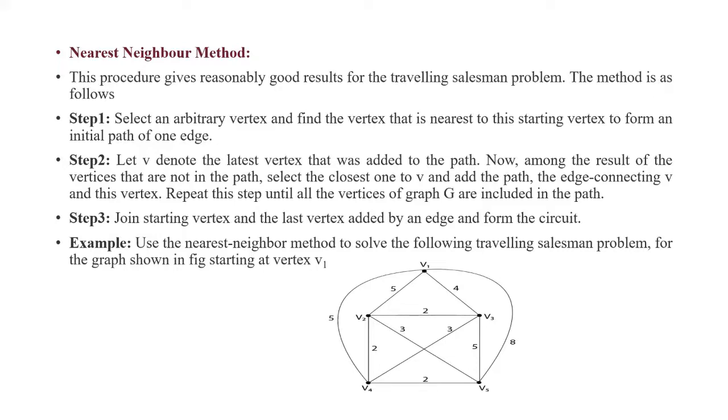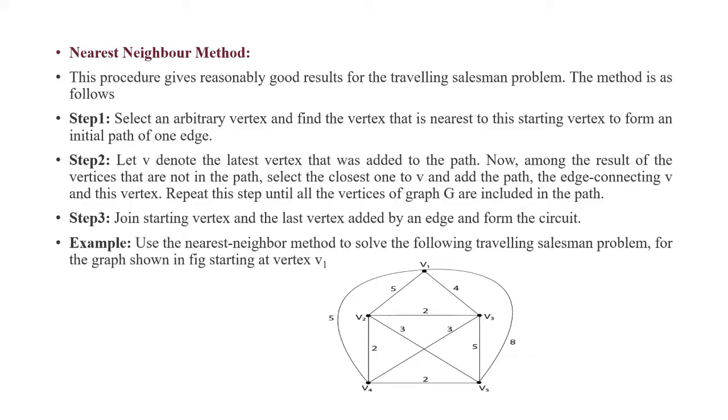Then step 2: let V denote the latest vertex that has been added to the path. Among the vertices that are not in the path, select the one closest to V and add to the path the edge connecting V and this vertex. Repeat this step until all vertices of graph G are included in the path.